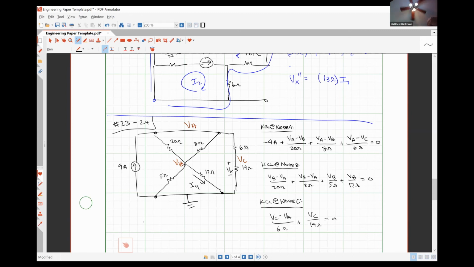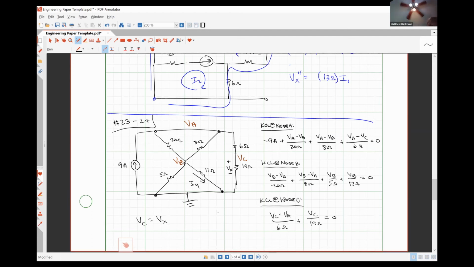Solve those, and then VC is exactly equal to VX, and IY is VB over 17 ohms. So that's my gut reaction on how to solve this problem.